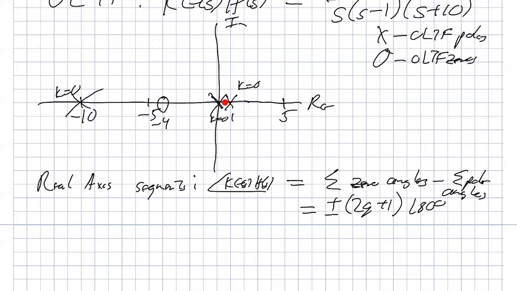However, if you move in between here, everything else is 0 except for the angle from this pole to this location, which is 180 degrees.